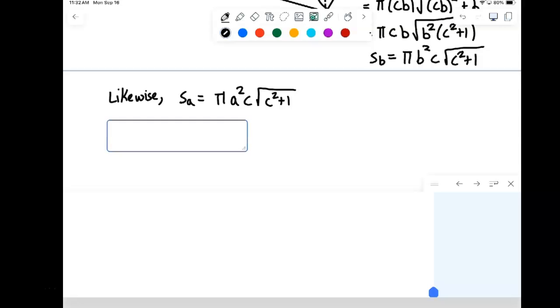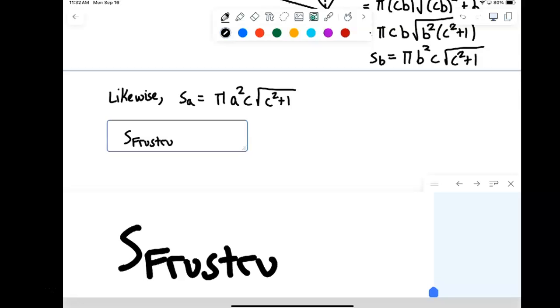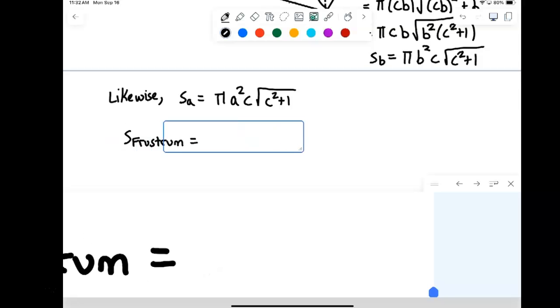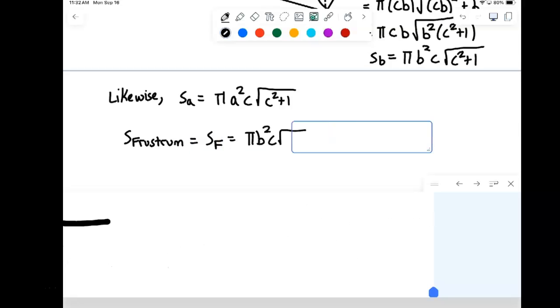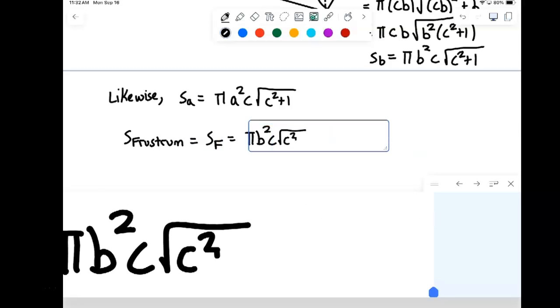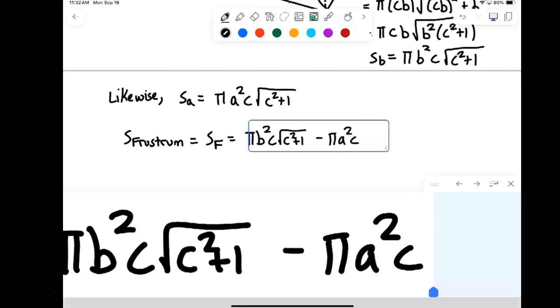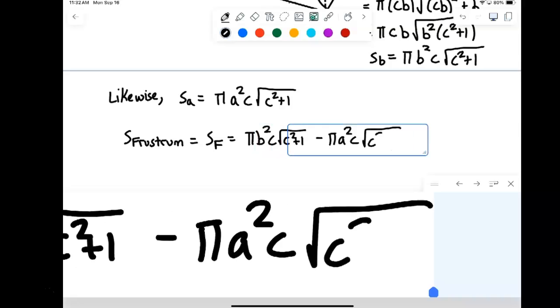So finally here, we get that the surface area of the frustum, call it S sub F, is SB minus SA. So pi B squared C square root C squared plus 1 minus pi A squared C square root C squared plus 1.